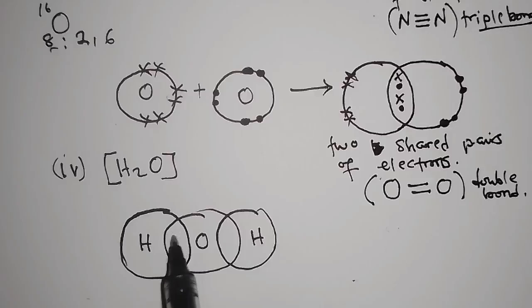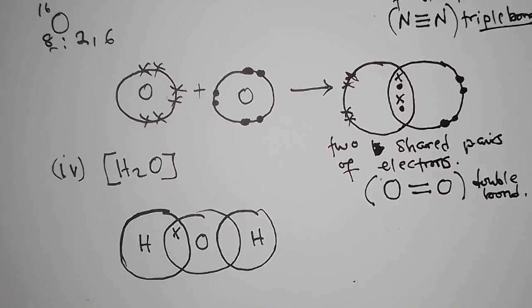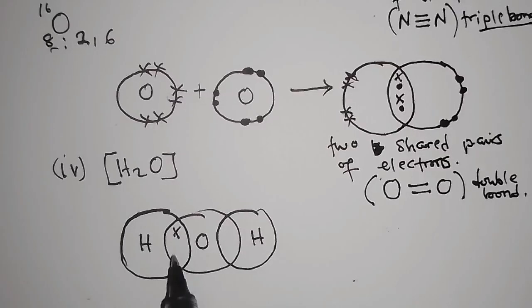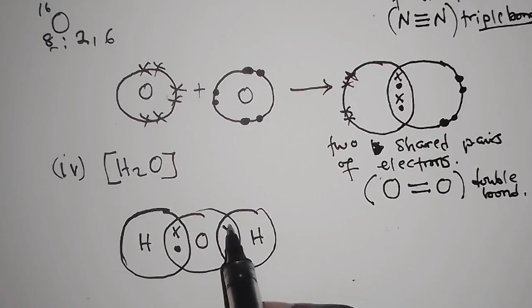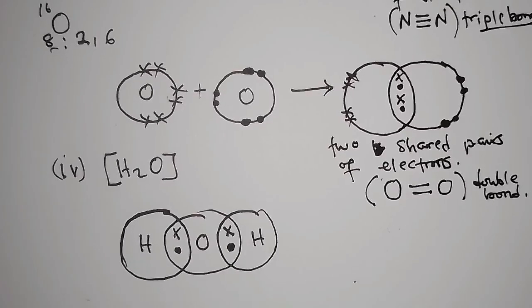We take that one from the hydrogen, and we also take one from the oxygen, using the dots from the oxygen and then one from the hydrogen again. That is a star there, and another one from the same oxygen.